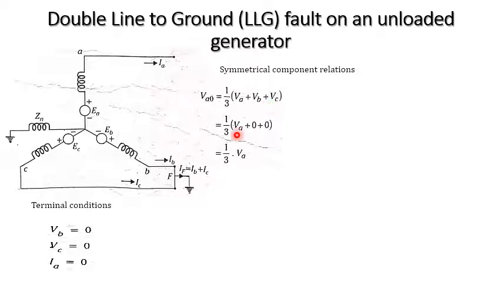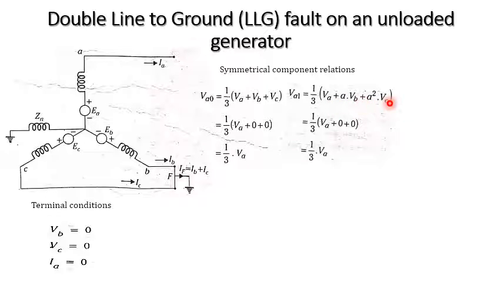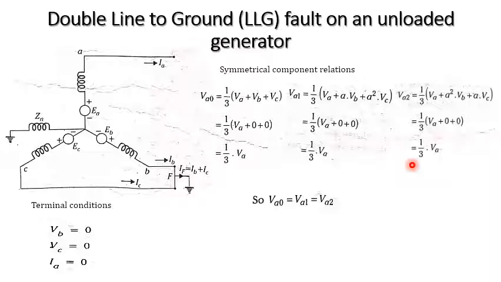Already VB and VC are 0, so we write it as 1 by 3 times VA. For VA1 it is 1 by 3 of VA plus A into VB plus A square into VC, so this is also 1 by 3 times VA. For VA2 it is 1 by 3 times VA plus A square into VB plus A into VC, so this is also 1 by 3 times VA. It means all the symmetrical components of the voltage are present. So VA0 is equal to VA1, which is equal to VA2, and it is equal to 1 by 3 times VA.